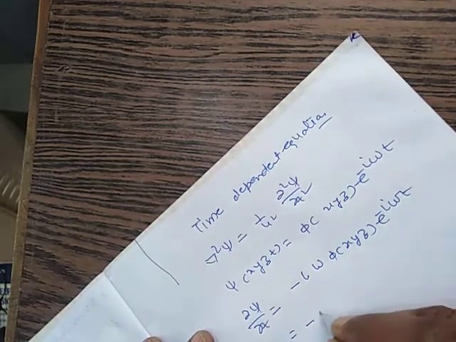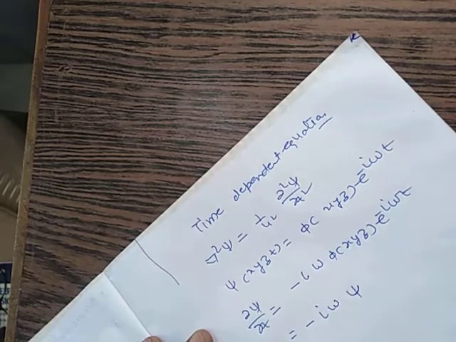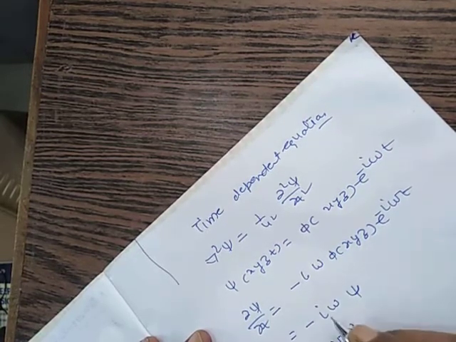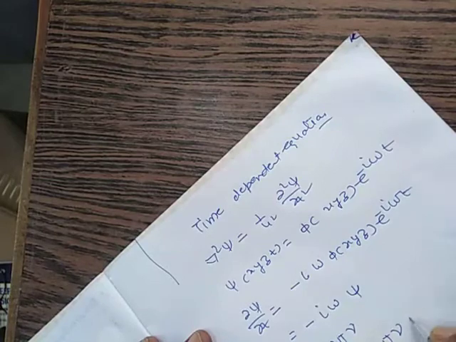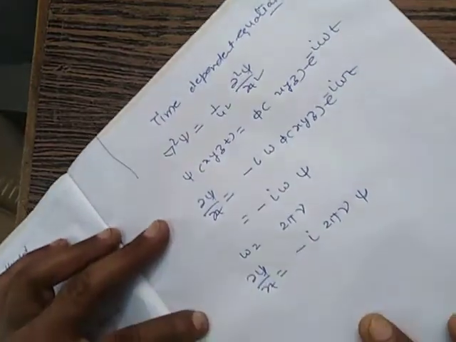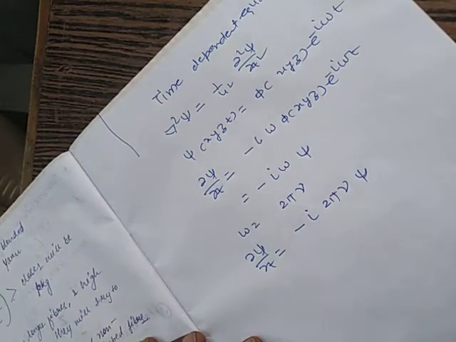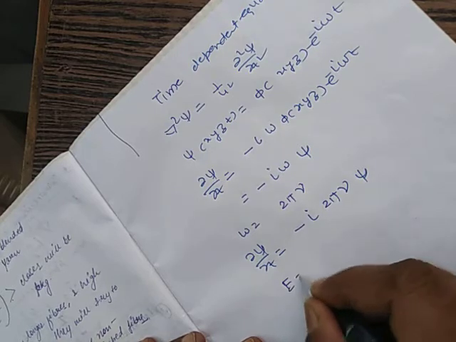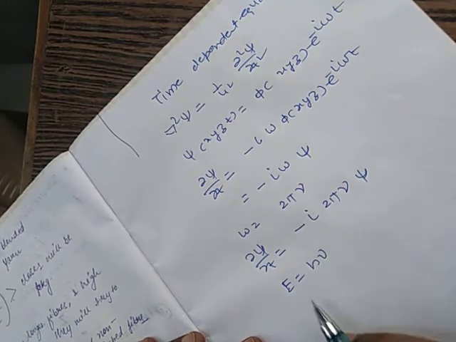So it is minus iota omega psi, and we have omega is equal to 2 pi nu. So del psi upon del t, in place of omega I can write 2 pi nu psi, and E is equal to h nu from Planck's relation.